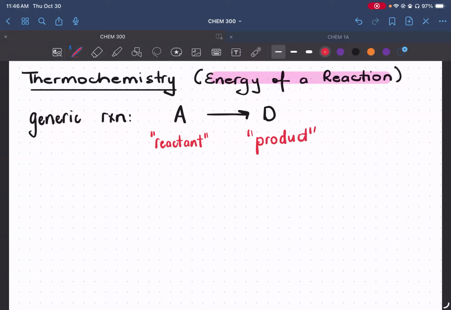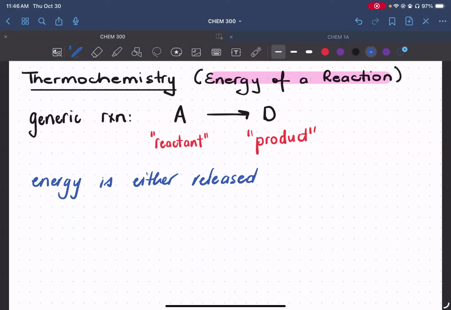So for a generic reaction that just involves a conversion from one chemical to another, we can actually have the following statement, which states that energy is either released or absorbed.